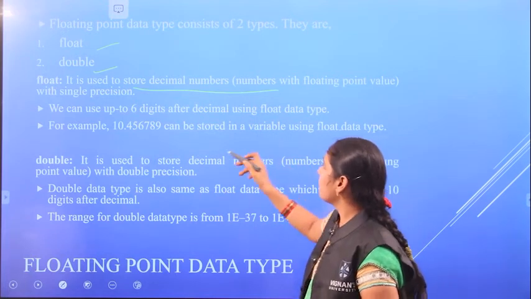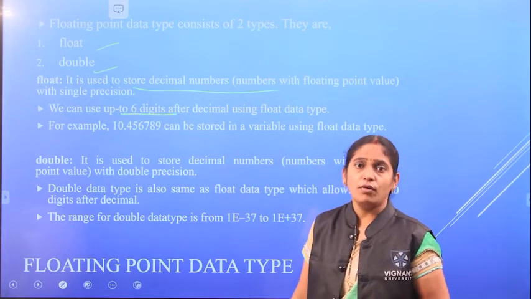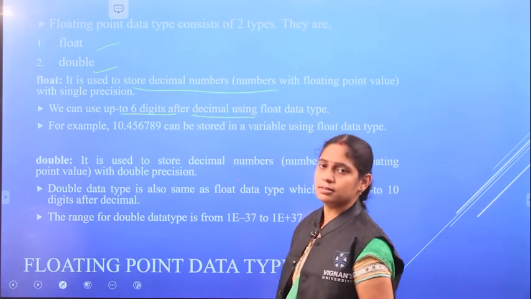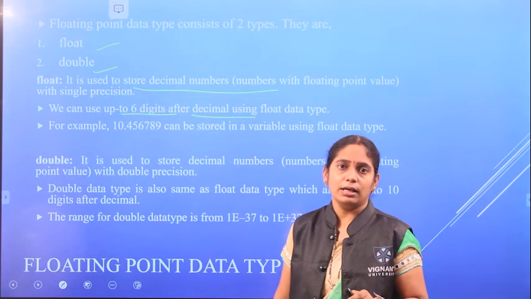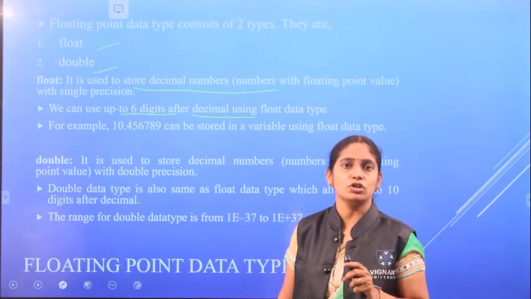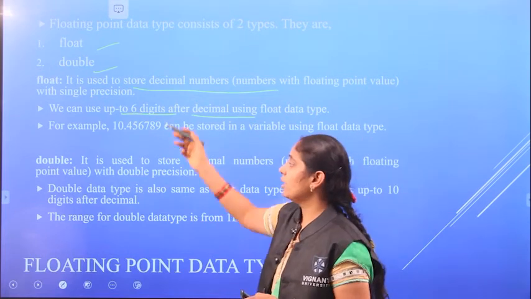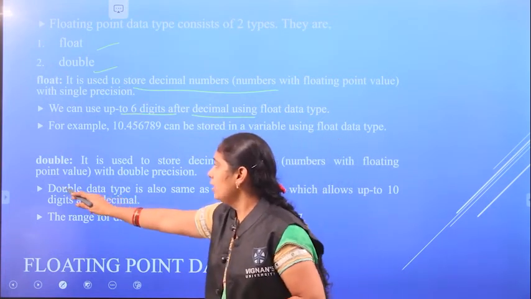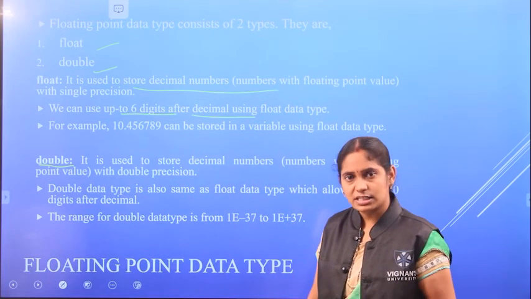The difference between float and double is that float can store 6 decimal places, which we can also call precision. After the point, we can take 6 digits when we use a float. If we have more than 6, then we should move to double. That is the main difference between float and double. So double is the keyword used to represent decimal point values.